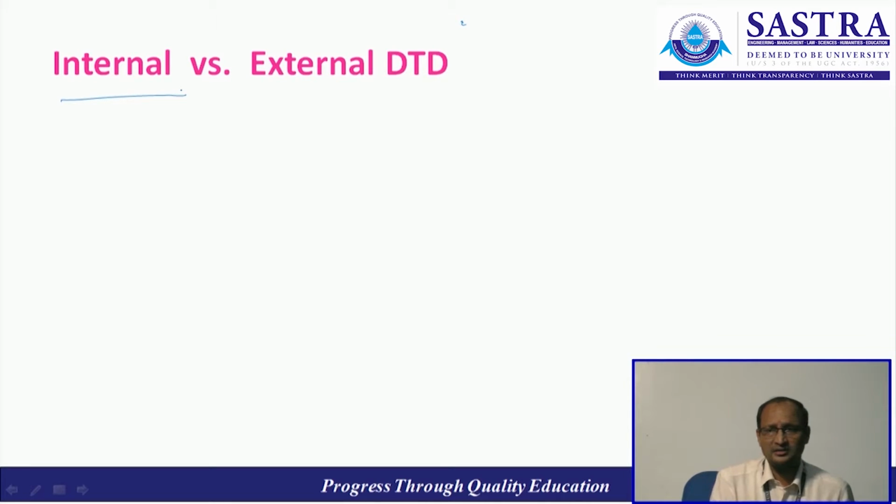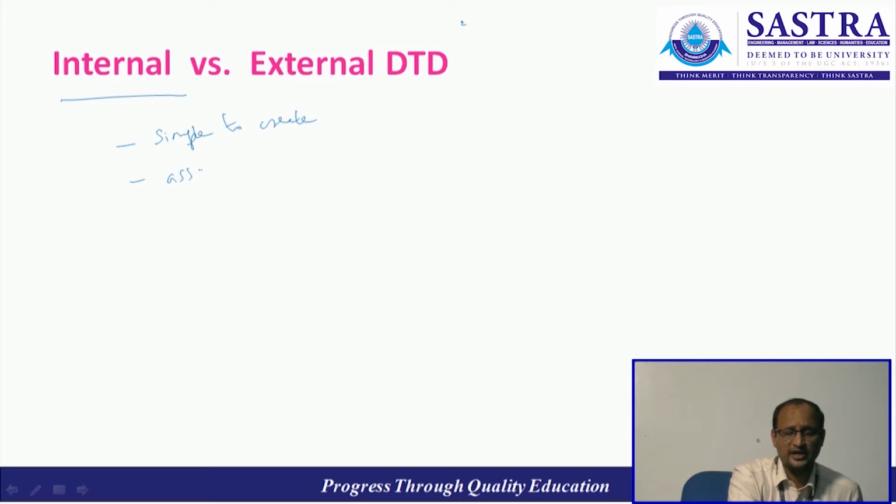The difference between internal and external DTD. First, I can talk about the internal DTD. The internal DTD lacks reusability, but it's very simple to create and very simple to associate, because it is not saved as a separate file.